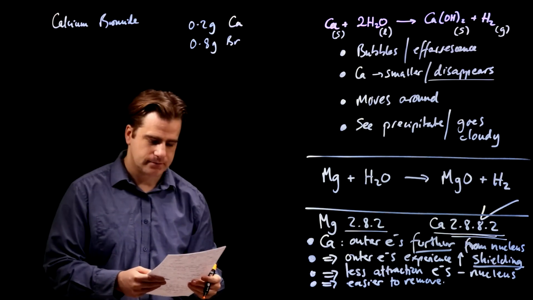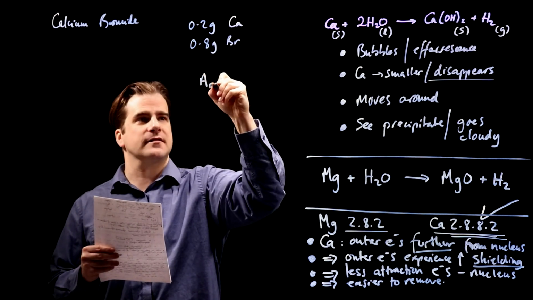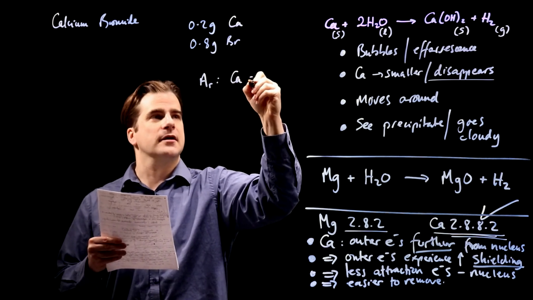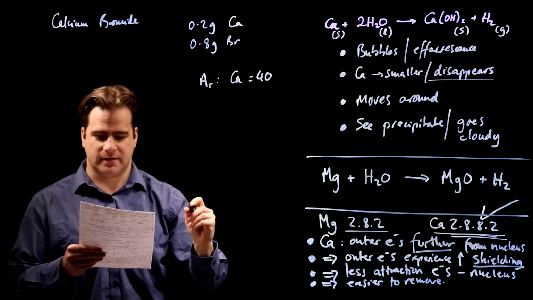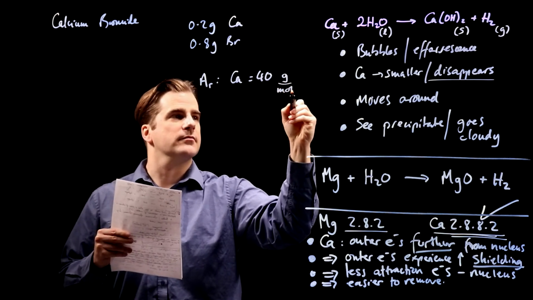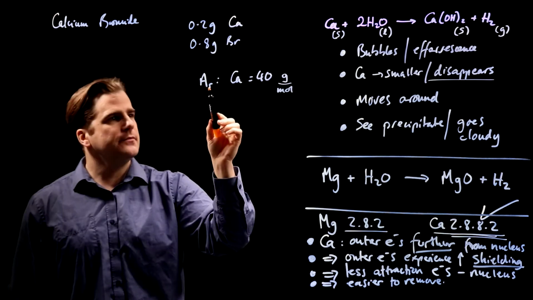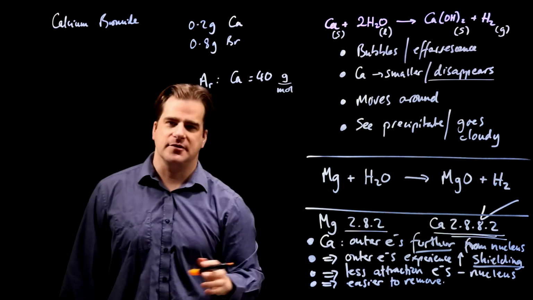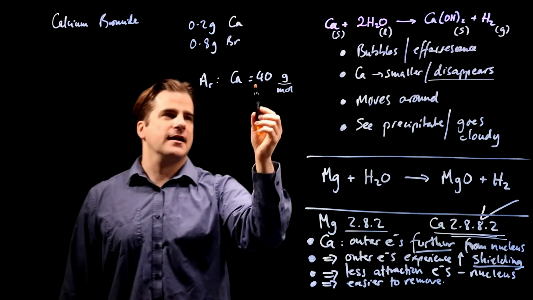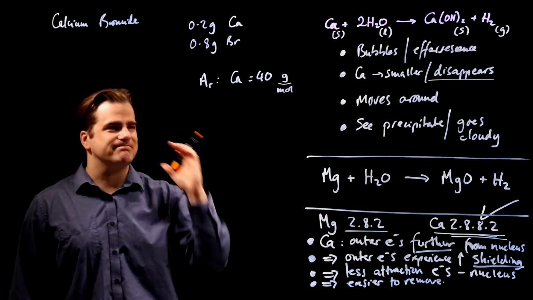Okay. They tell us that the relative atomic masses are calcium is 40. Now write down the units here, very important, grams per mole. Technically, the relative atomic mass of calcium is just 40, but that means that calcium weighs 40 grams per mole, okay?